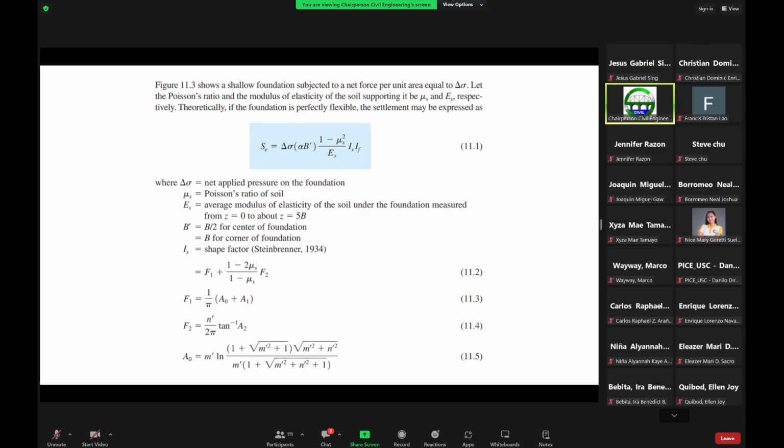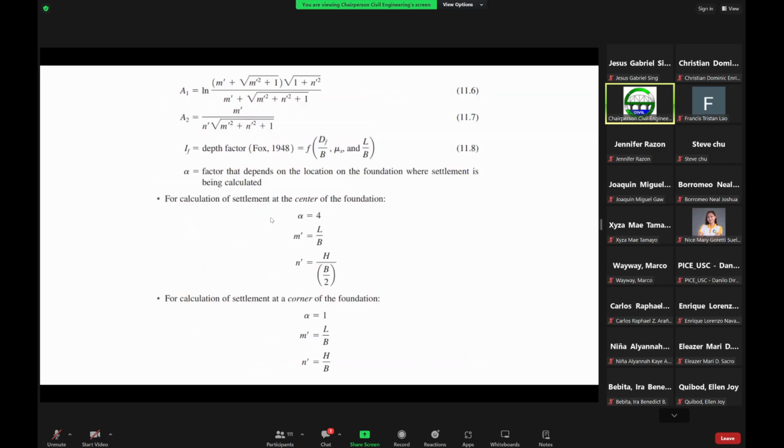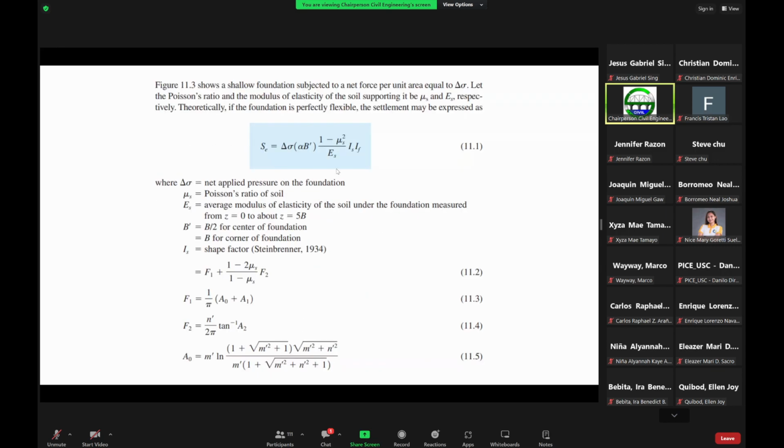They can provide that. Then you have the alpha, which we have defined also. Here you have your alphas, then you have your B prime, and then your Poisson's ratio, and then the average, take note, that's the average modulus of elasticity.